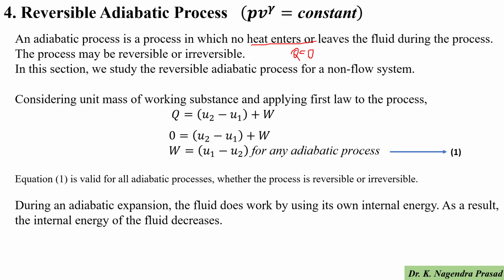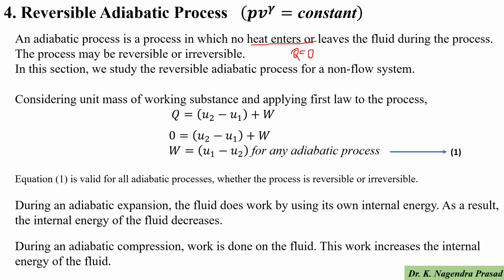During an adiabatic expansion, the fluid does work by using its own internal energy. As a result, the internal energy of the fluid decreases. Moreover, during adiabatic compression, work is done on the fluid.